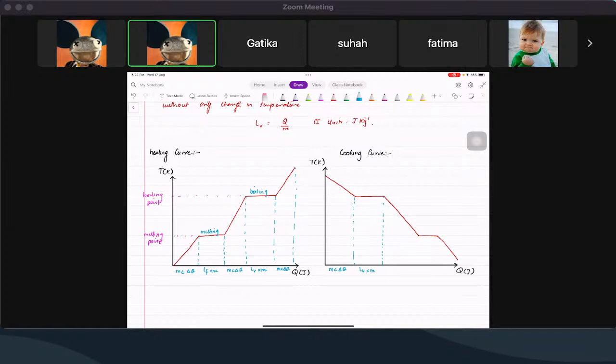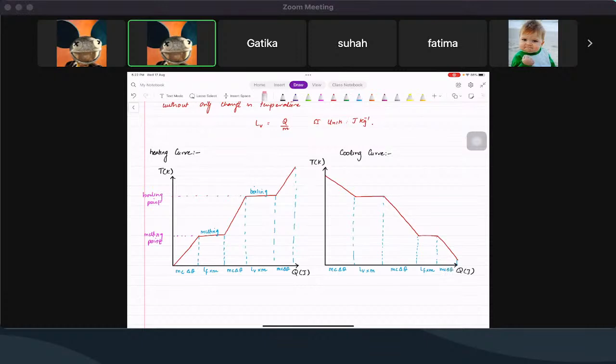All right, now in this section, the temperature is changing again, so mc delta theta. In this section, use LF times m because state is changing, and this section it is mc delta theta again.